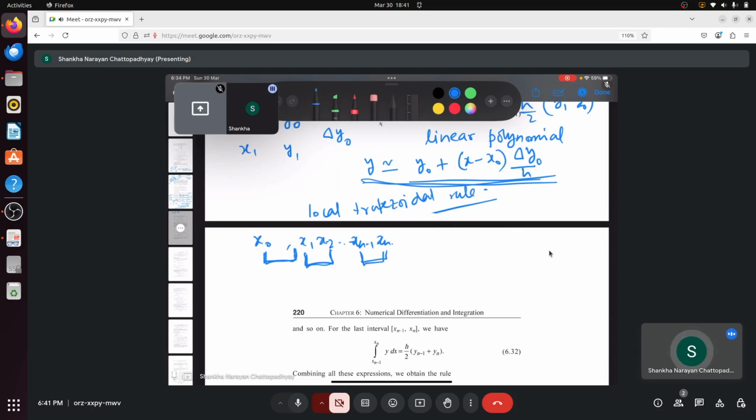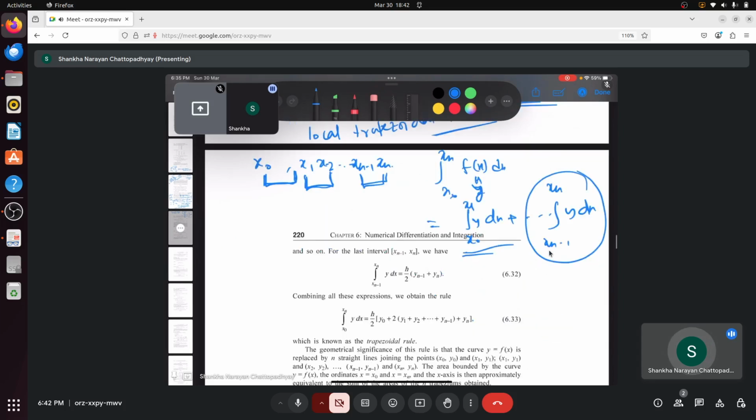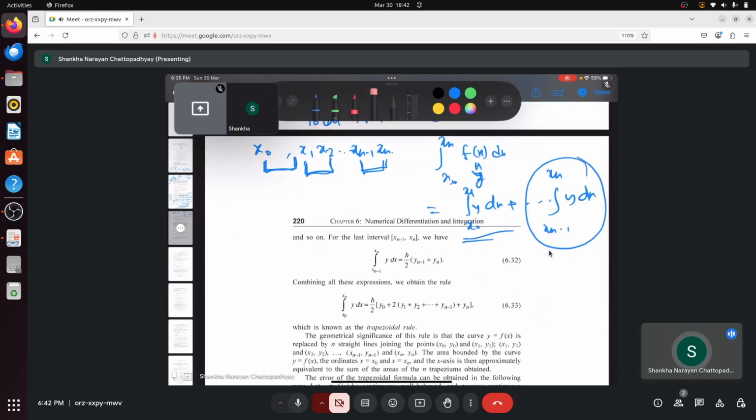You have this integral from x0 to xn of f(x) dx. This f(x) is nothing but your y, so you can break it as x0 to x1 plus and so on, up to x(n minus 1) to xn, n number of sub intervals. You apply the local trapezoidal rule for each of these sub intervals, right?